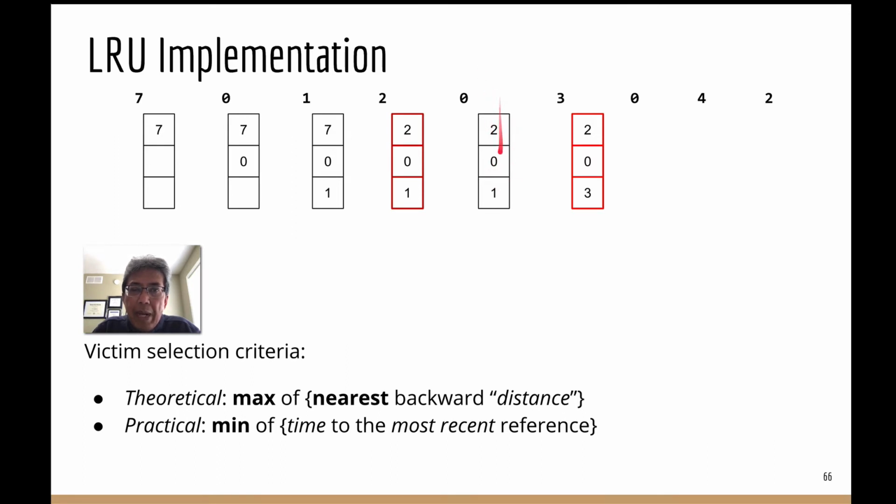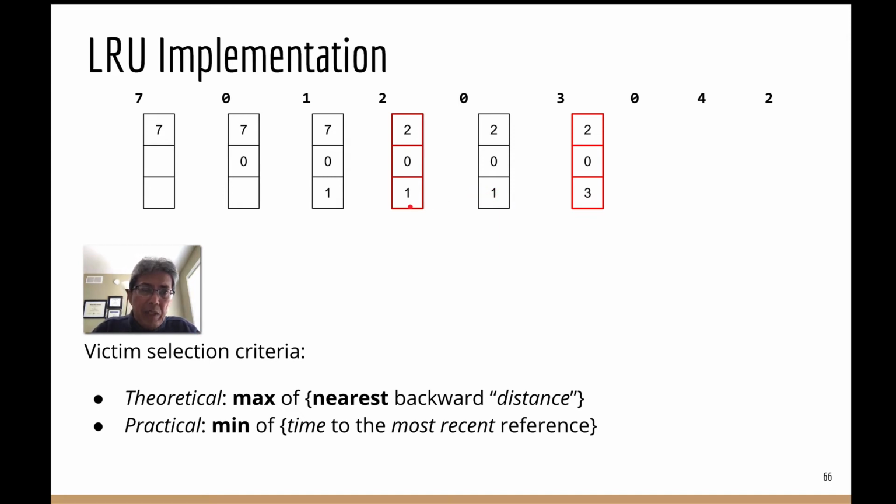If you look back from this time, the backward distance for 2 is this distance, for 0 is that distance, and for 1 is that distance. So we know that the page that has the largest backward distance is page 1. That's why we replace page 1 with page 3. The victim page is page 1.